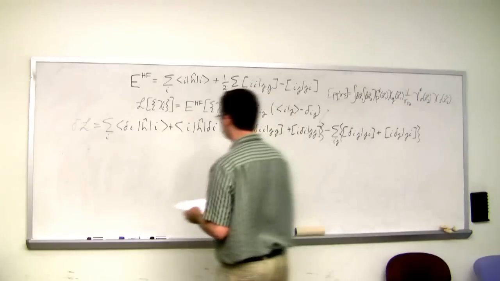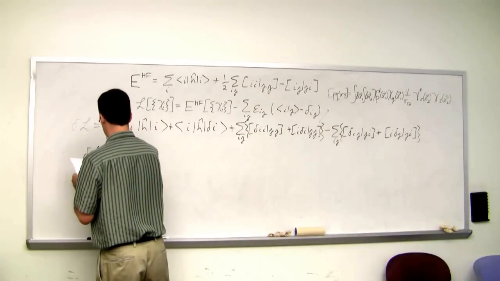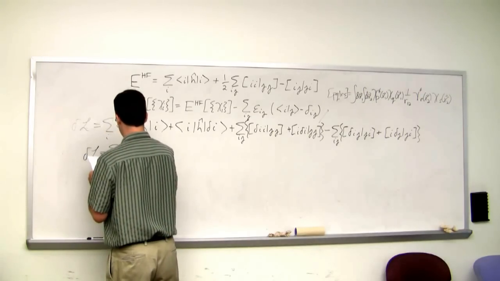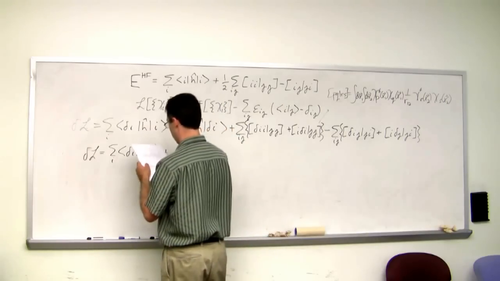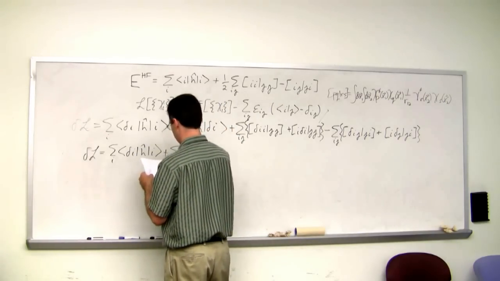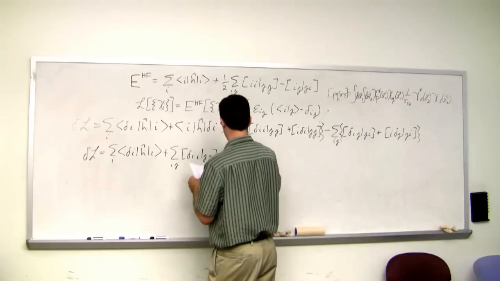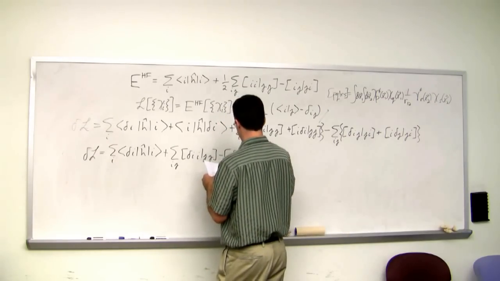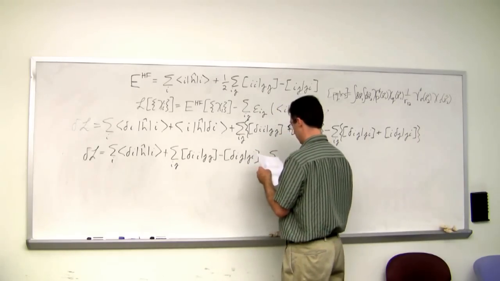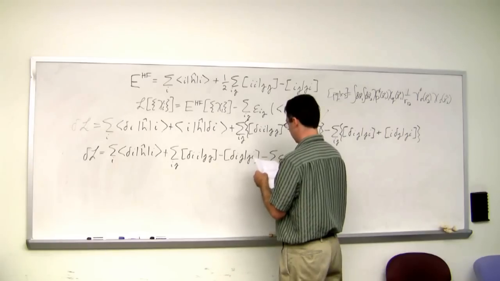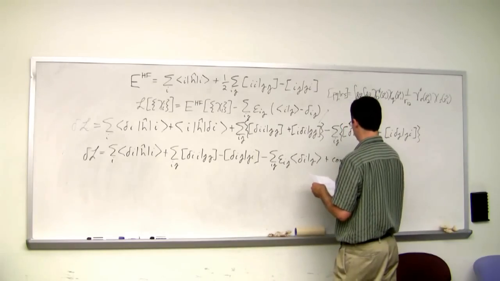So the variation in L, delta L, equals sum over I, delta I, H I, plus, I'm not going to write the complex conjugates right now, plus sum over ij, delta I, j, minus delta I, j, I, minus sum over ij, epsilon ij, delta I with j, plus the complex conjugate of that whole thing.